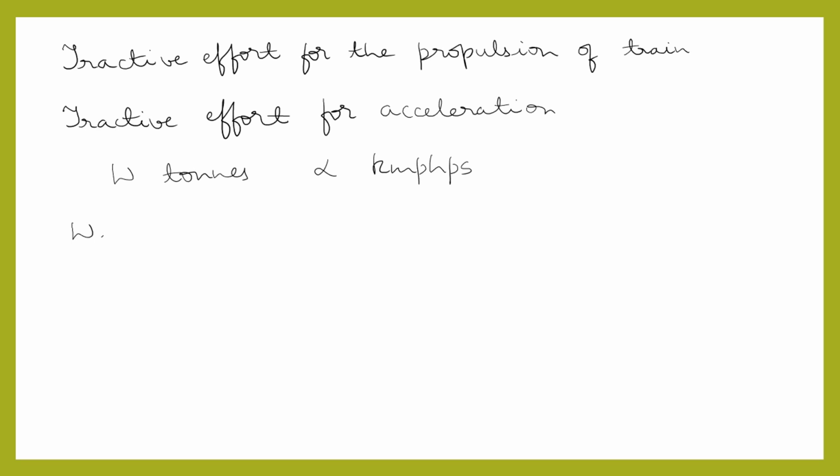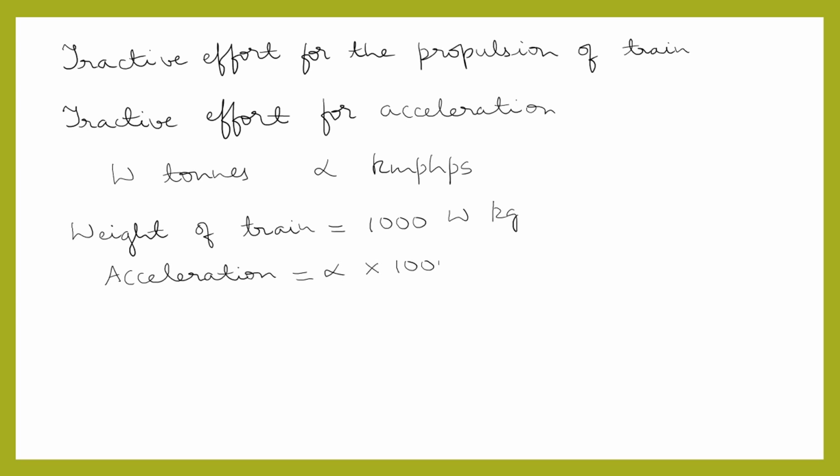Then the weight of the train is equal to 1000 W kg, and the acceleration in meter per second square is alpha into 1000 by 3600, that is equal to 0.2778 alpha meter per second square.